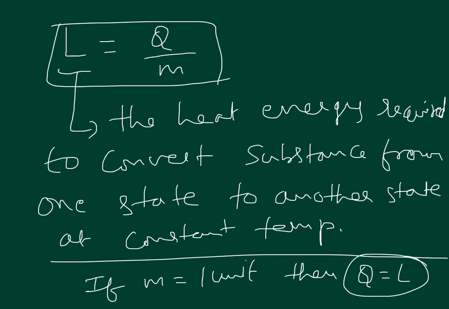So latent heat is Q by M. Units, as I told, are joule per kg, or I can also write it as calorie per gram.